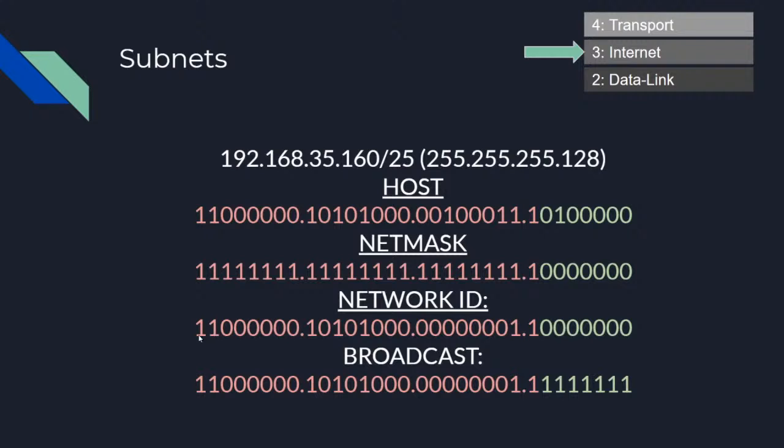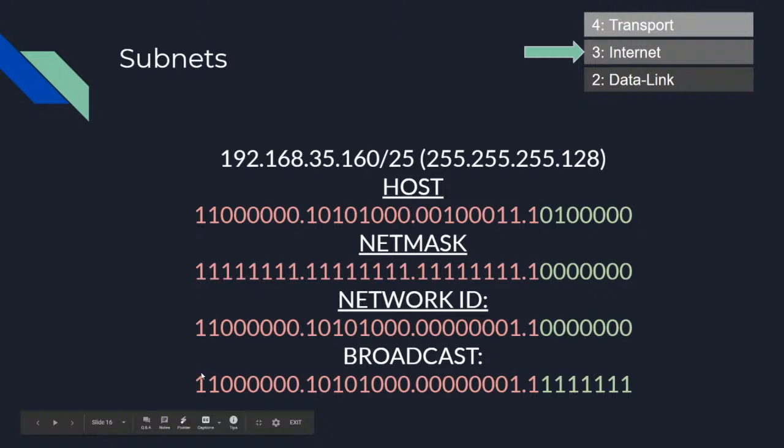So it's essentially just copying everything up until we have all these zeros into the network ID. And then the broadcast is the same thing, but we take all of that and then we set everything to 1 in this host ID column, or in these host ID bits right here.